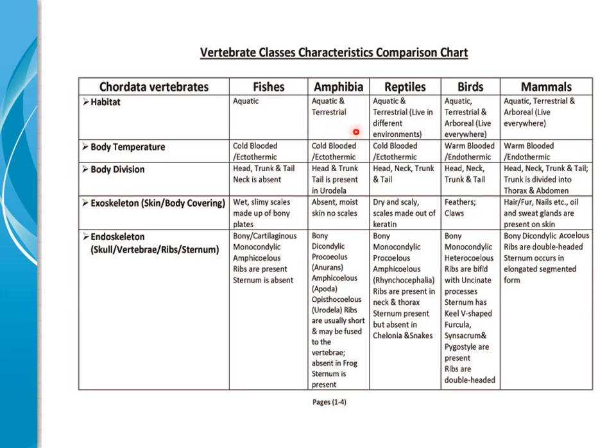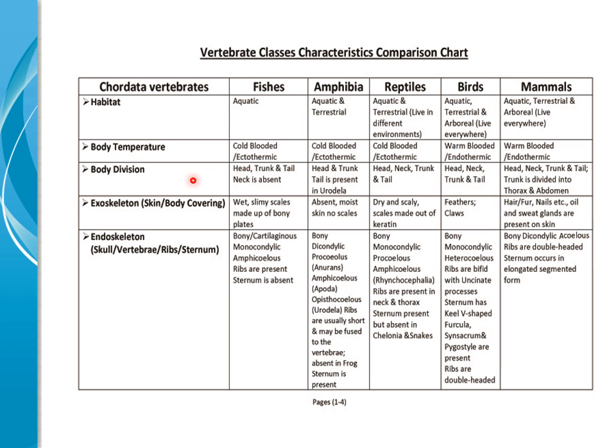Water is a must for amphibians to complete their life cycle. Reptiles are aquatic and terrestrial. They live in different environments. Birds are aquatic, terrestrial and arboreal in habitat. They live everywhere. Mammals again are aquatic, terrestrial and arboreal.